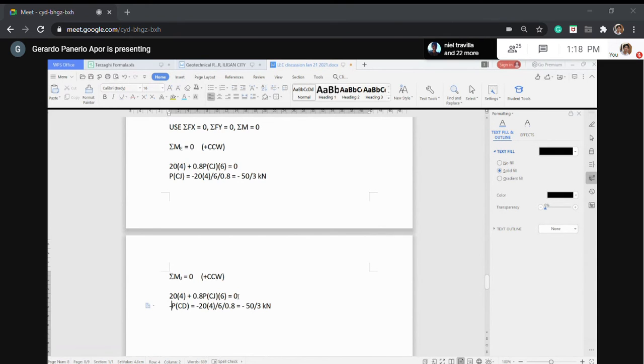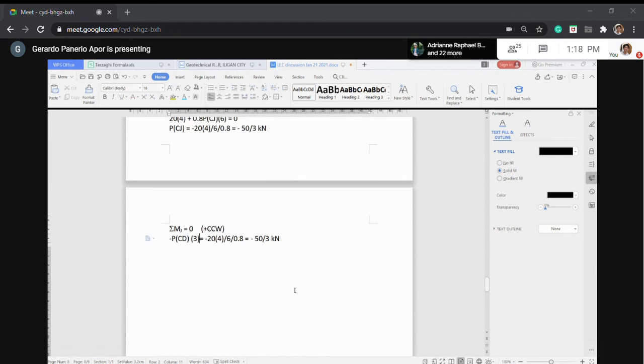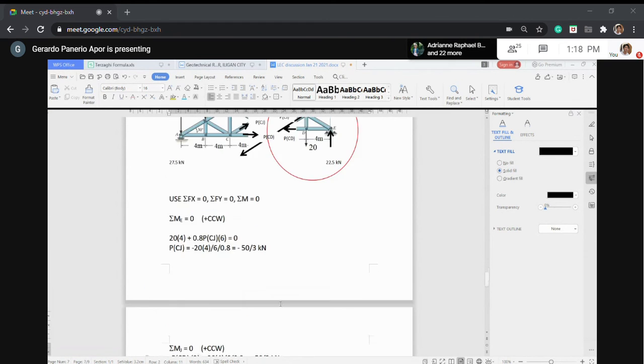So this one will be erased. PCD times 3. That is the distance, meaning from point G to D is 3 meters. And you have 22.5 rotating about J in a counterclockwise manner with a distance of 4.